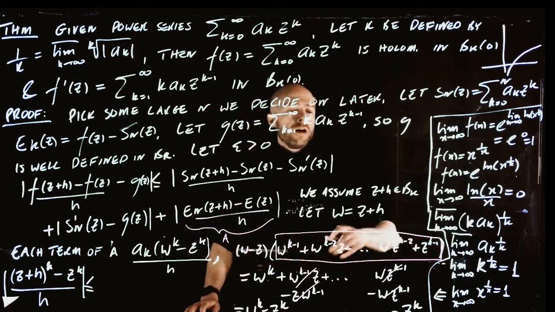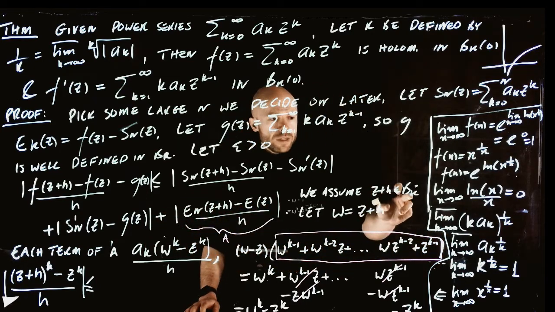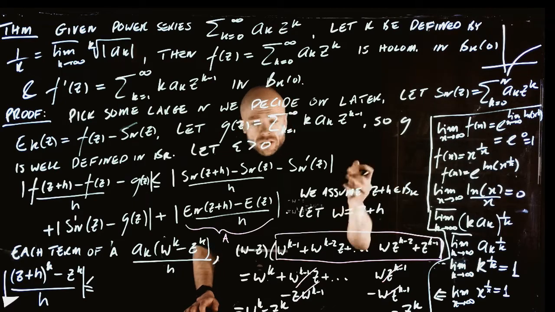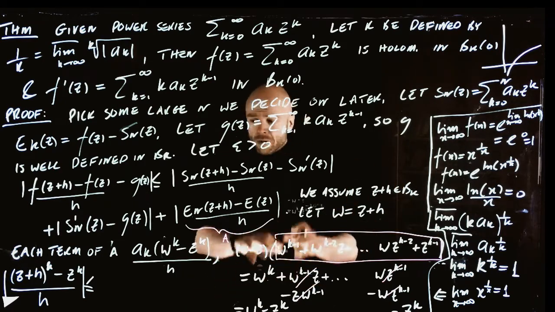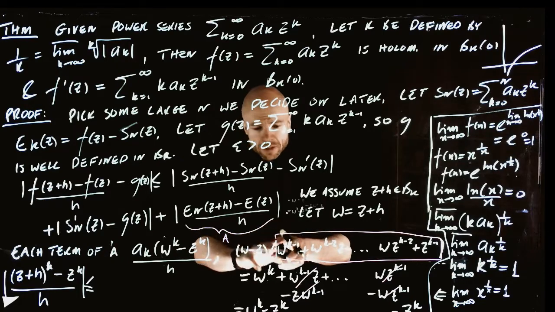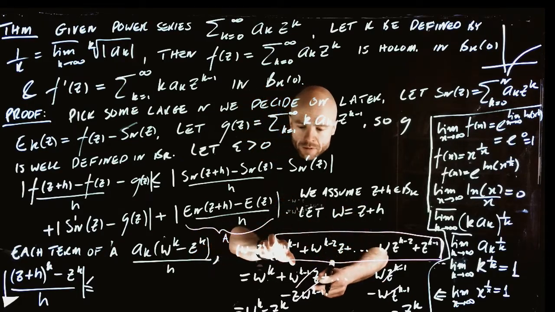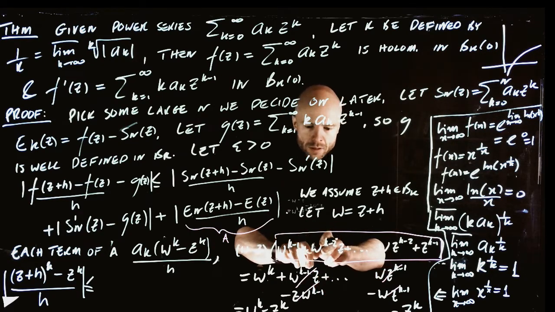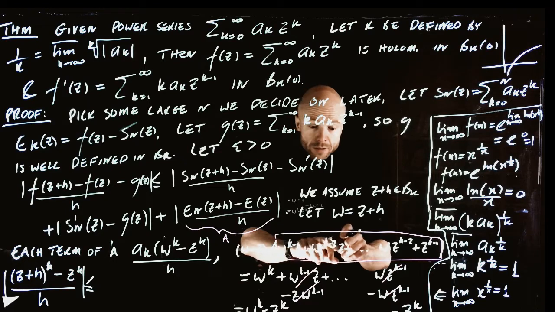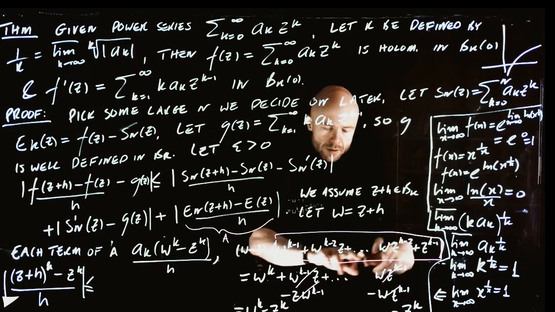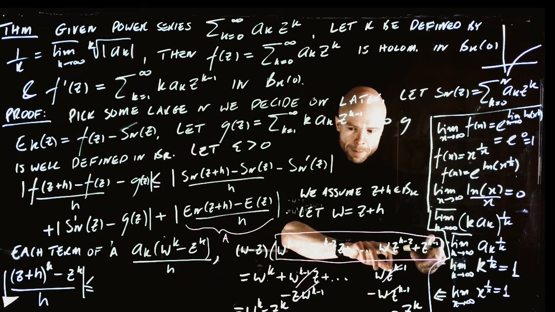We know that this thing, which is W, is inside the ball of radius r, and so is Z, of course. So all of these things, when we take the absolute value, will be less than r to the power k minus 1, because this guy's absolute value is less than r to the k minus 1. This will be less than r to the k minus 2 times r, all the way through.